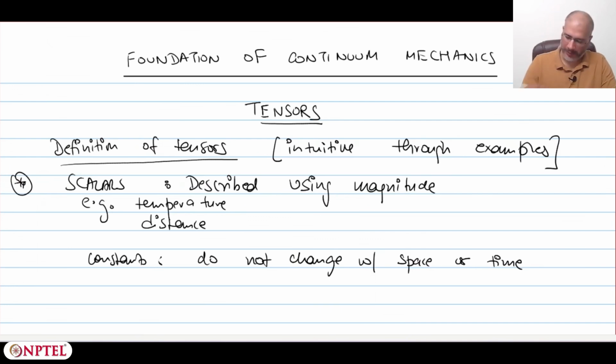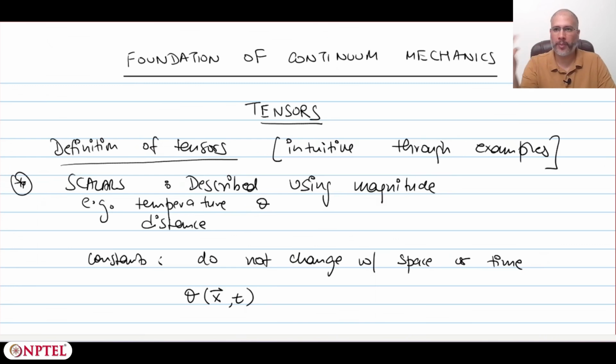For example, let's take the example of temperature. I'll denote temperature by theta. So theta can be a function of x and t. x vector denotes the position coordinate. In this room, for example, a point can be denoted by its x, y, z coordinates, which constitutes the x vector denoting its position from a defined origin in the room.